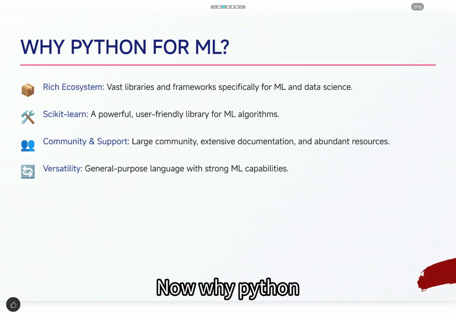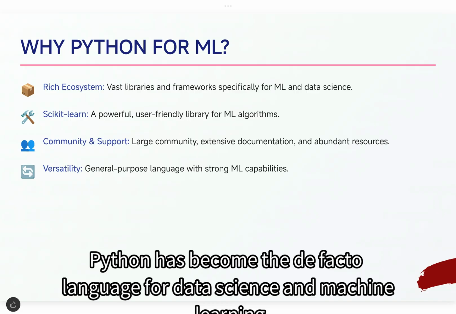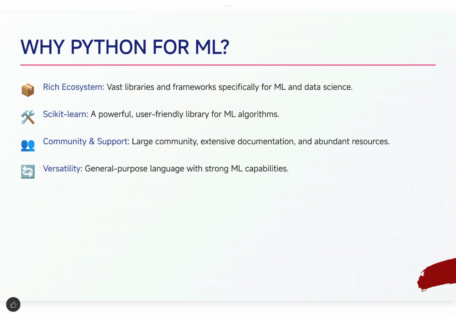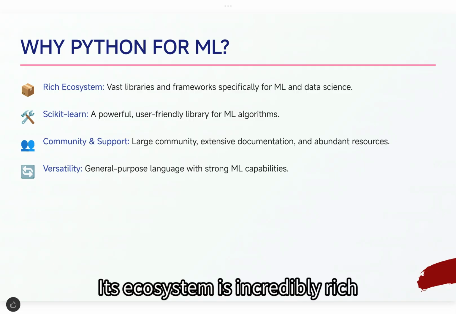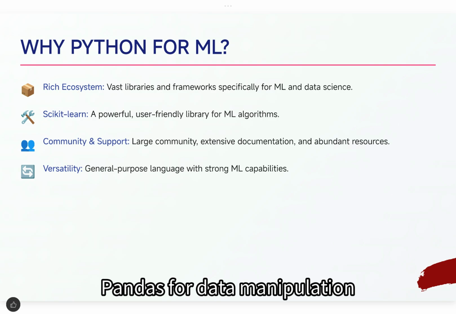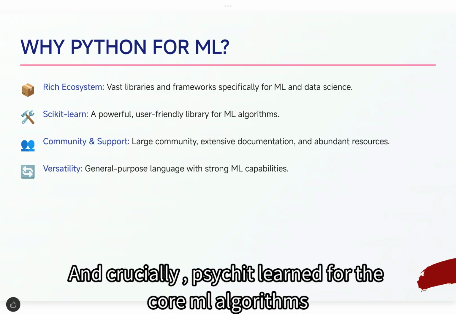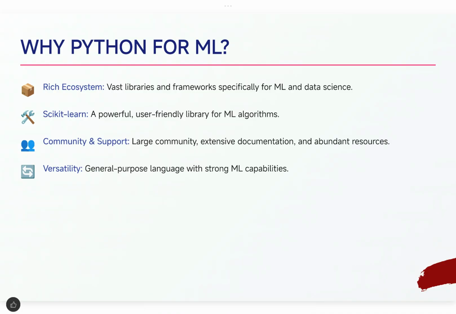Now, why Python? Well, it's not just hype. Python has become the de facto language for data science and machine learning, and for good reasons. Its ecosystem is incredibly rich. You have libraries like NumPy for numerical computing, Pandas for data manipulation, Matplotlib for visualization, and crucially, Scikit-learn for the core ML algorithms.